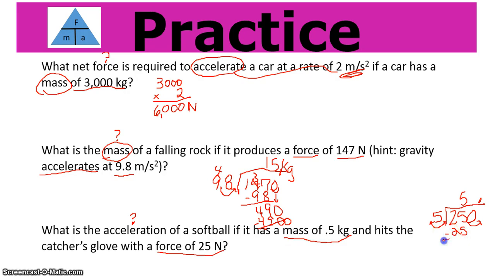Remainder of 0. I have to bring the 0 down. 5 goes into 0, 0 times. Since I'm looking for acceleration, the unit for acceleration is meters per second squared. So my answer is 50 meters per second squared.